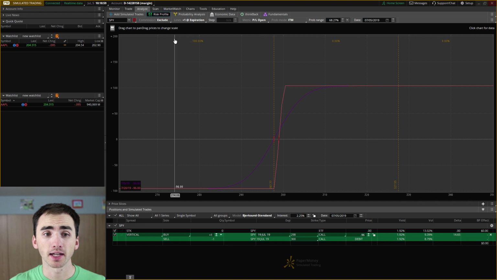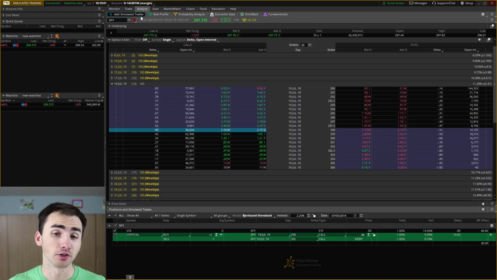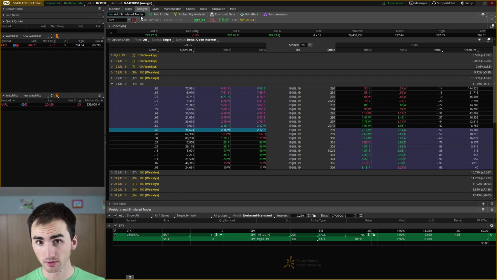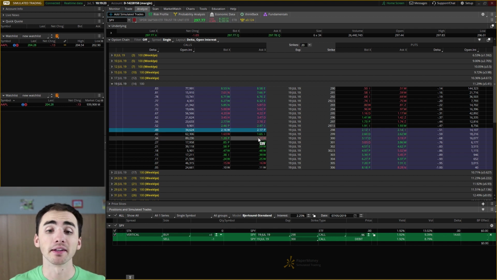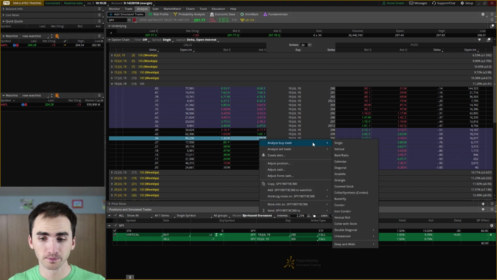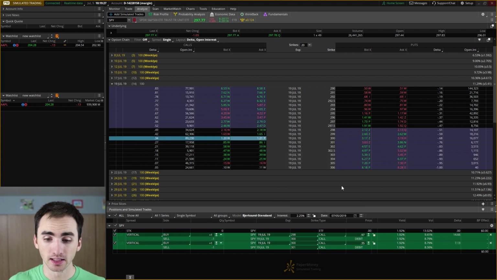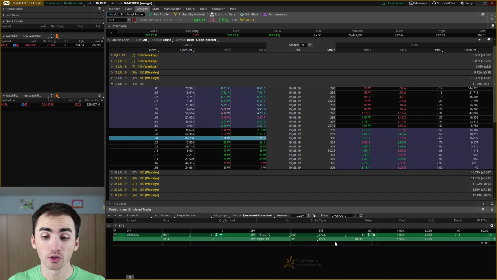Now, sometimes it's better to do something a little more aggressive. If you want to risk a small amount to make a large amount, that's what you can do with these debit spreads. It's really the same thing as buying an out of the money call, but you risk a little less money. So what we can do is instead buy the 300 call and then sell, let's say, the 302 as protection.